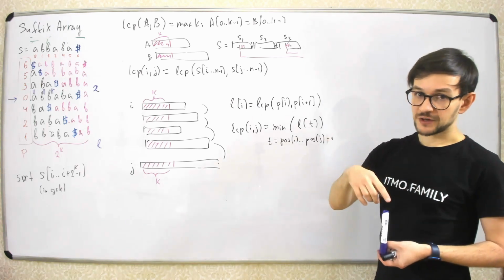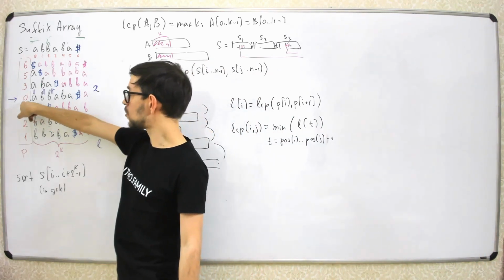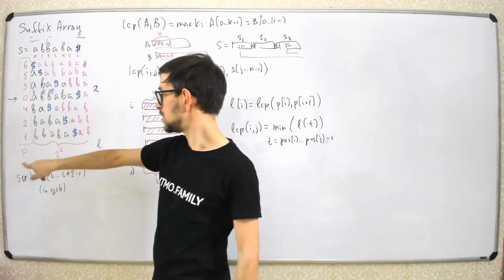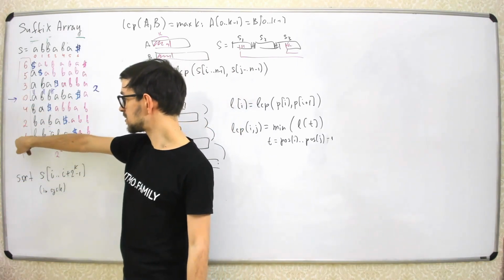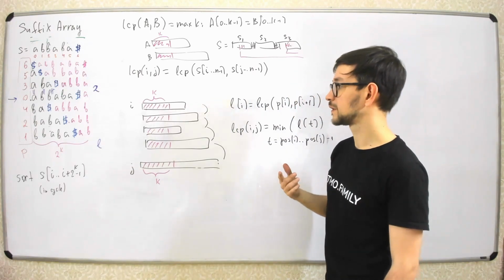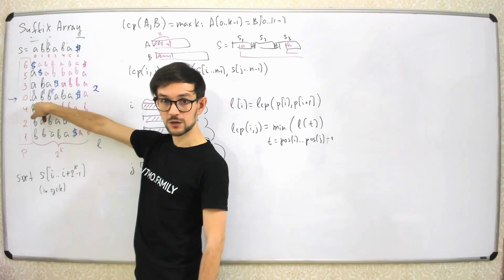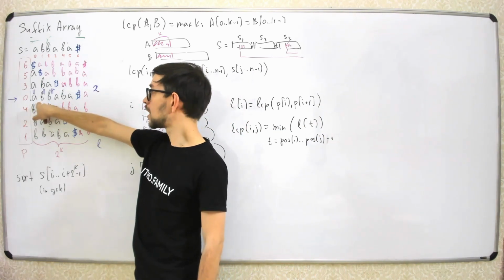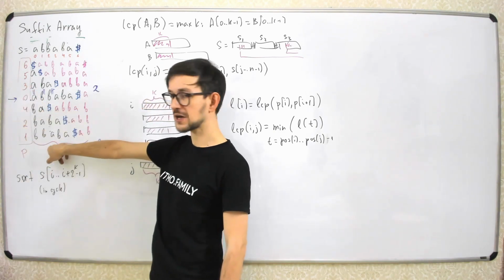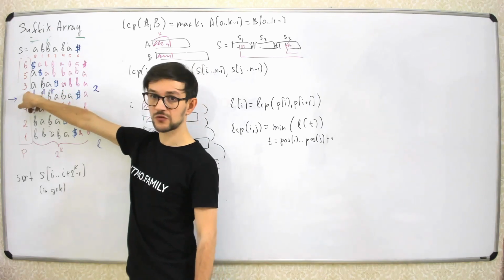Now you move to the next suffix, which is one character shorter. We calculated the LCP of suffix 0 and the previous one. Now we take suffix 1, it's here, and calculate the LCP of 1 and 2. Now, let's see. We have suffix 0. If we remove the first character from it, we get suffix 1. And before suffix 0, we have suffix 3.